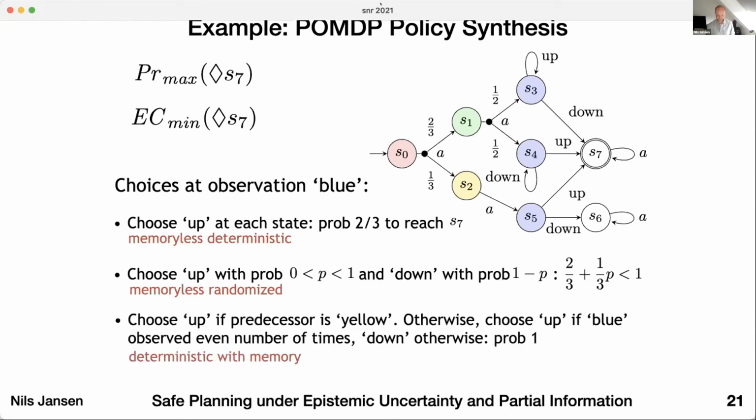What is even better is if we can look into the past. So here, if the predecessor is yellow, we choose up. This is clear because if the previous state was yellow, then we choose up here. Otherwise, in all other cases, we choose up if blue has been observed an even number of times, right? So 1, 2, and otherwise we choose down.